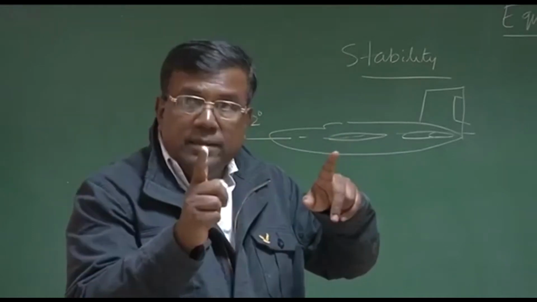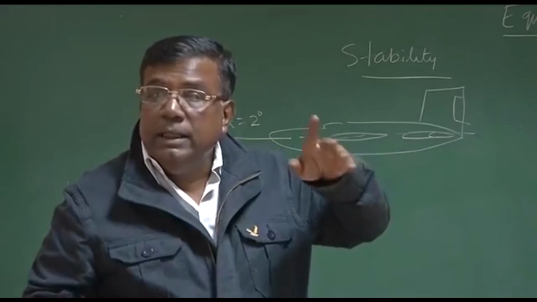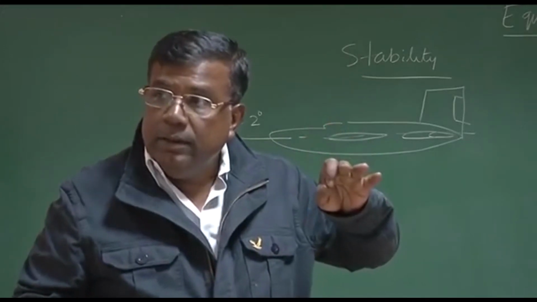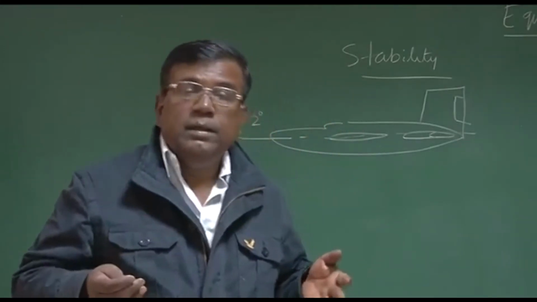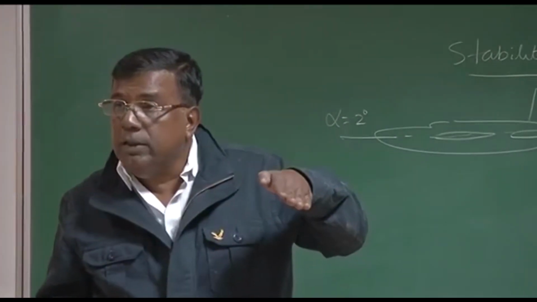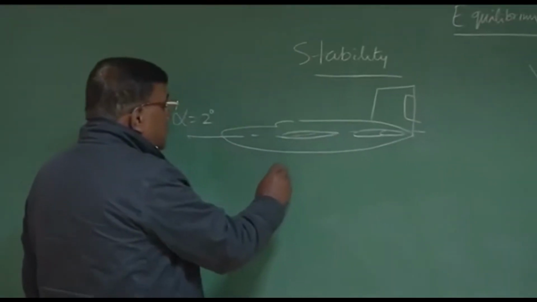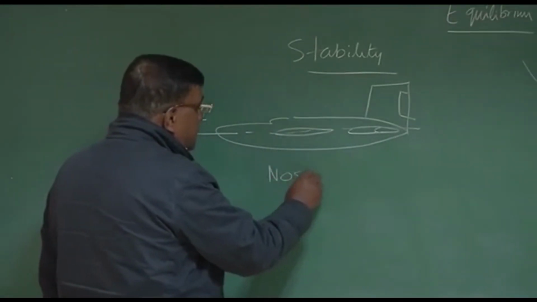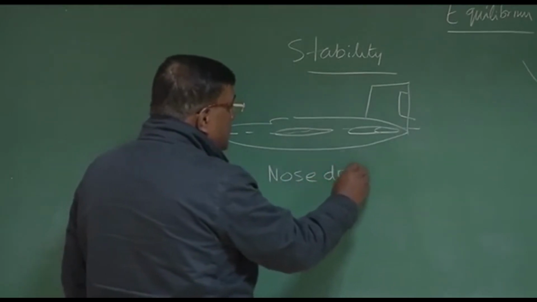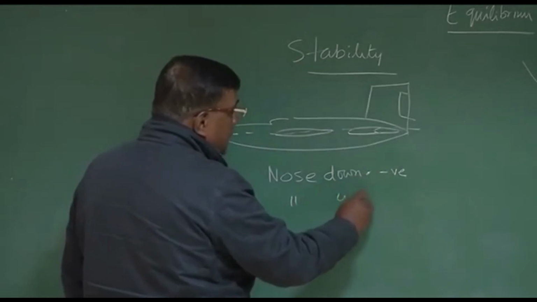So if it is statically stable, it should generate a nose down moment, so that the net angle still remains 2 degrees. So for static stability, we only check whether it has a tendency to come back to 2 degrees or not. If it has a tendency, you say it's statically stable. And this nose down moment, you all know, has a negative sign, and nose up moment has a positive sign.